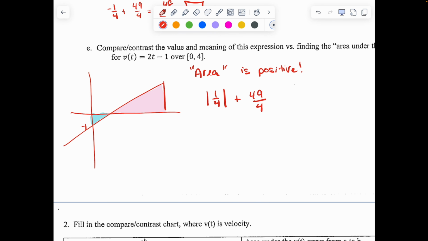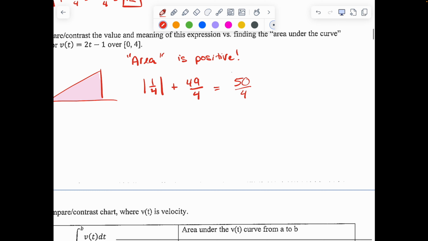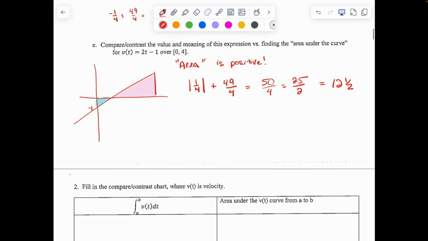And I got those two values from up above, the previous calculations. In that case, my area would be 50/4 or 12.5.